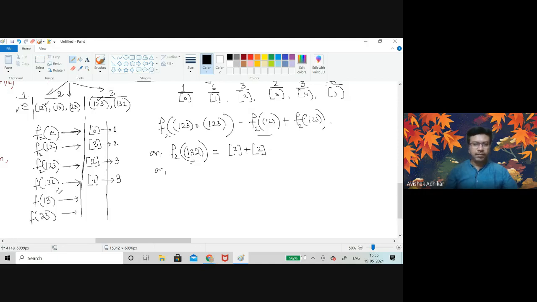So that means if you define f2 like this, then this is your class 4 equal to class 4. So apparently there exists no such confusion, right? So this is passed, but we still need to define these two. So the question is, how do I define these two so that they satisfy the property of homomorphism? Tell me what should be the value of f2 of (1 3) so that f2 becomes a homomorphism.